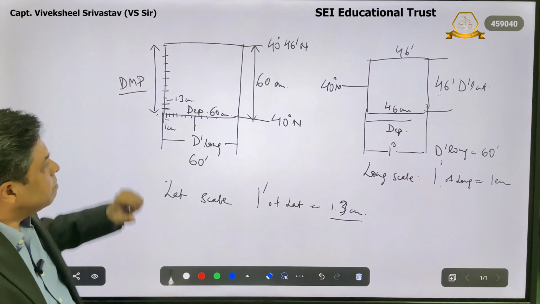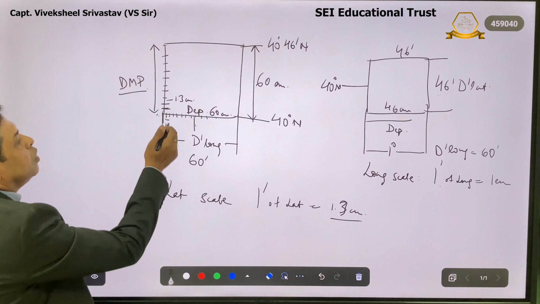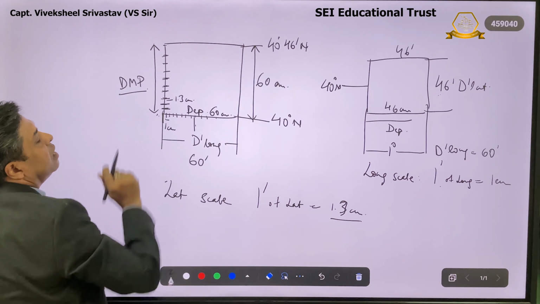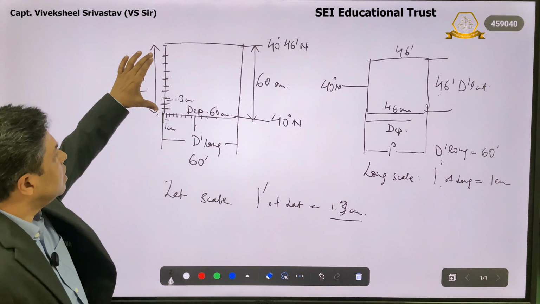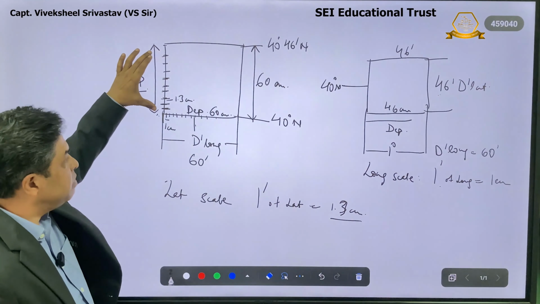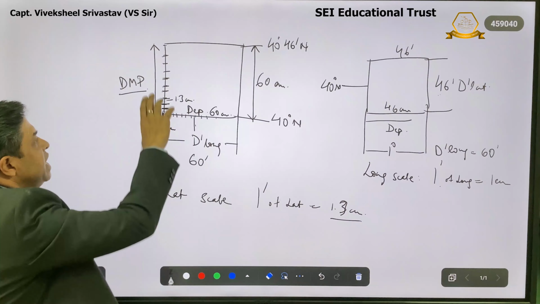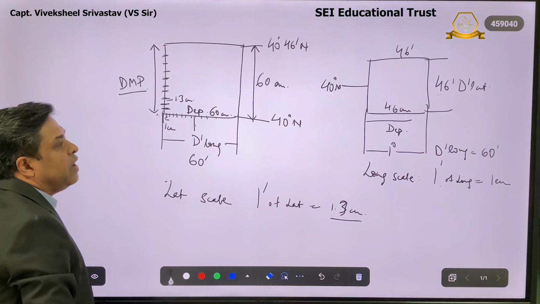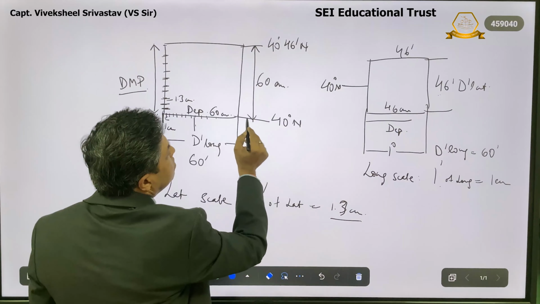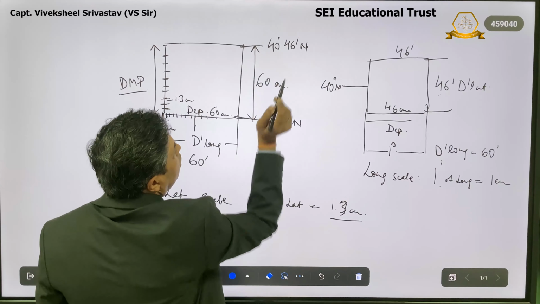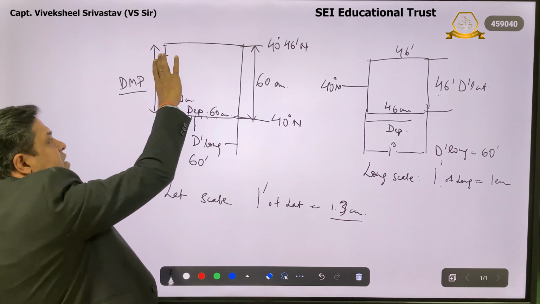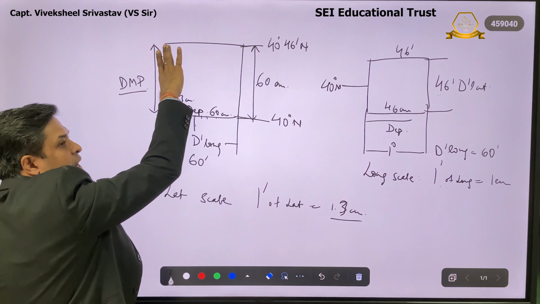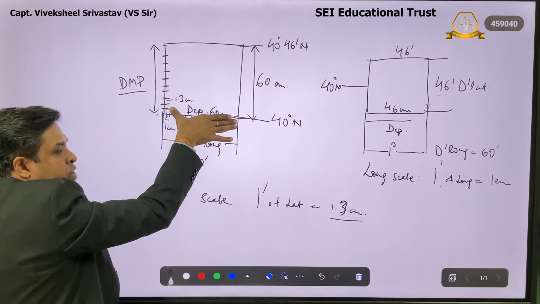Now what is DMP? Although this is showing 46 minutes, DMP is actually the north-south distance. If I want to find the difference in meridional parts between 40 north and 46 north, I just put my dividers between these two latitudes and turn it on the longitude scale.